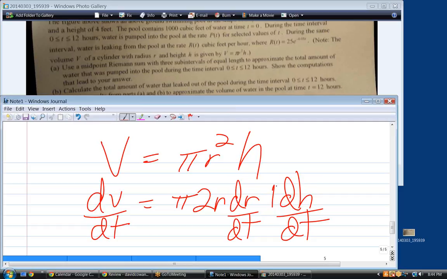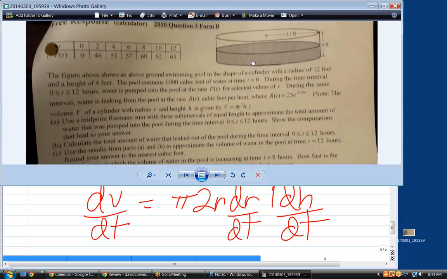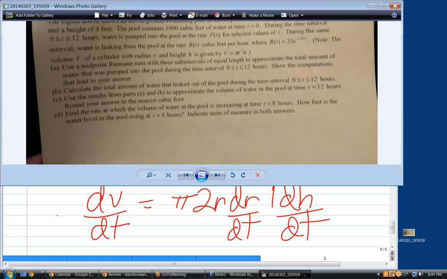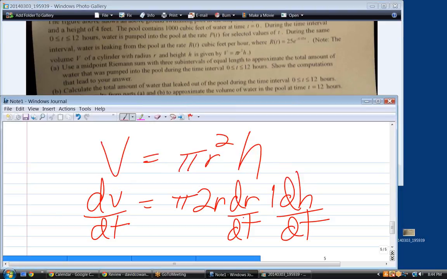Okay, so this is valid, but dr/dt is not changing. The radius of this pool never changes. It's always 12 feet. So you can just plug in this 12 for the radius.